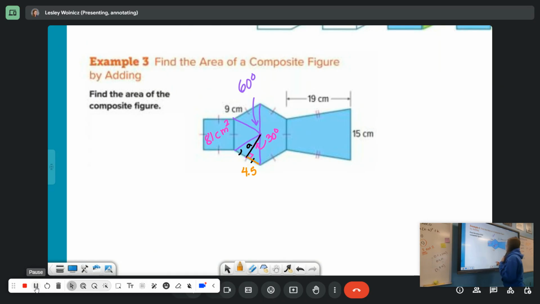So I can find my area. N is 6, my S is 9, and my apothem is going to be 4.5 root 3.